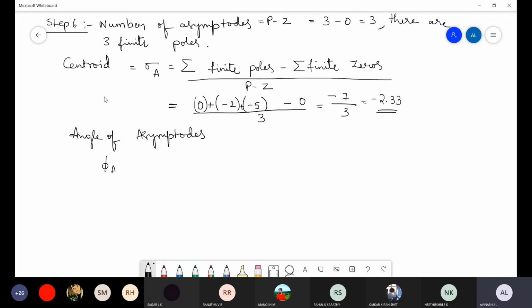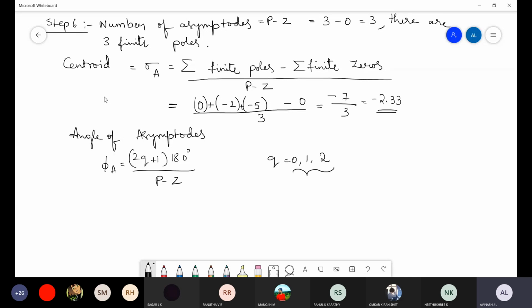The angle of asymptotes, phi A, is equal to (2q plus 1) into 180 degrees divided by P minus Z, where q is equal to 0, 1, 2. The number of asymptotes is 3, so the q value goes only up to 2. That means 0 is for the first one, 1 is for the second, and 2 is for the third, which gives 3 asymptotes.